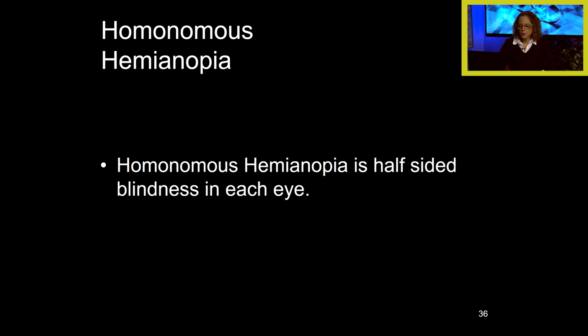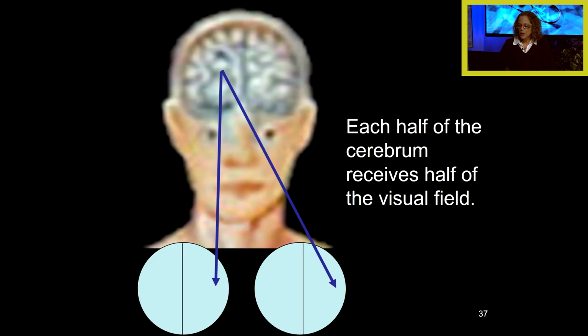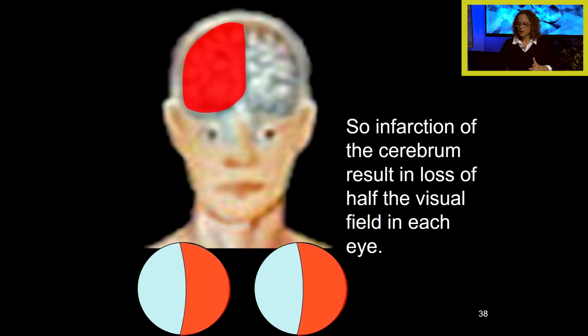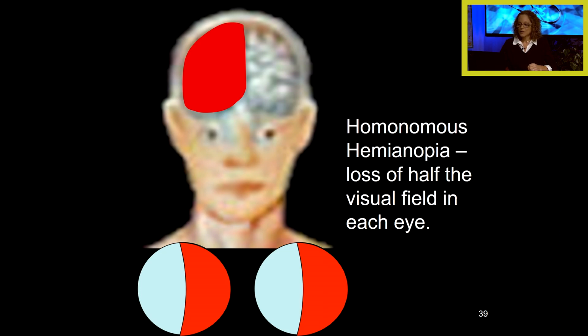So this had to do with that image of that photo that I showed you a little bit ago. Each half of the cerebrum receives half of the visual field. And so in an infarction, the cerebrum result in loss of half of the visual field in each eye. So homonymous hemianopia is loss of half of the visual field.